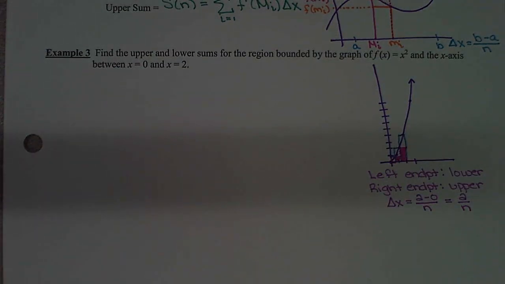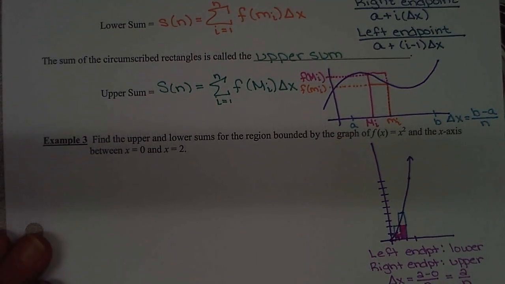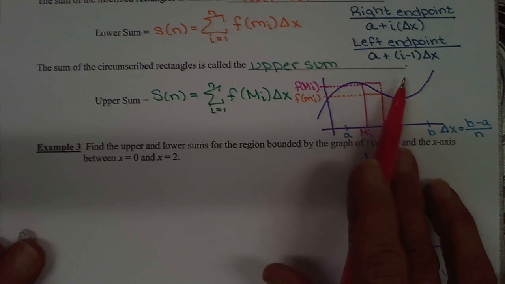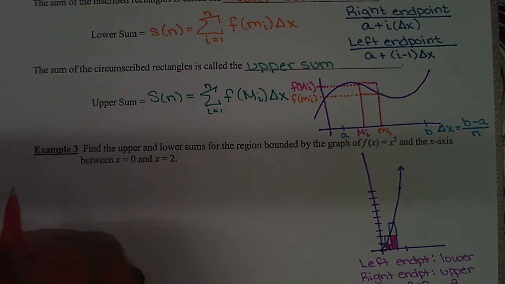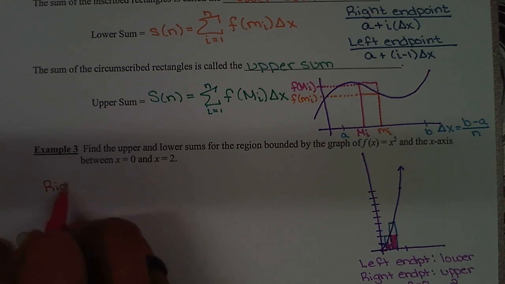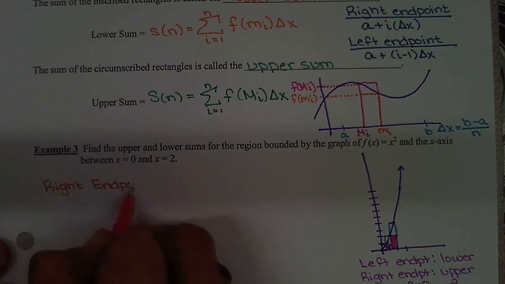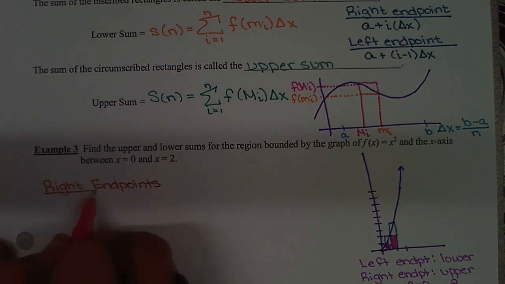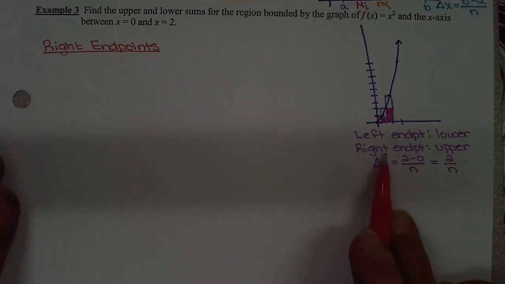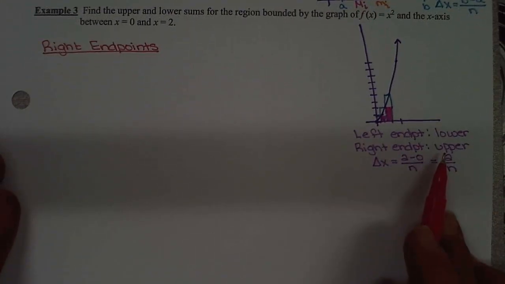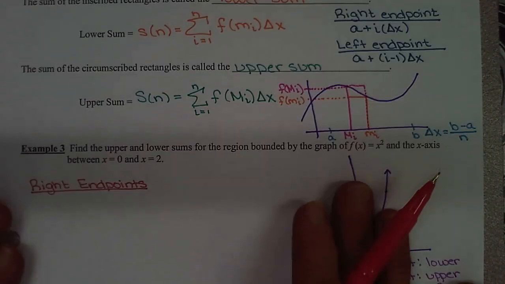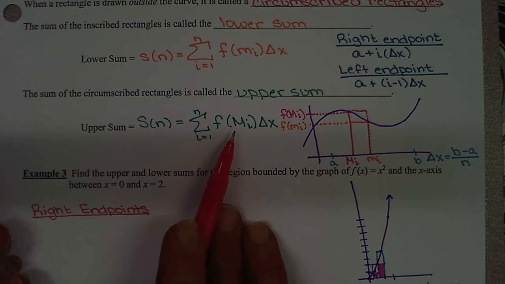So now I'm going to create some formulas here for my right endpoints and my left endpoints using my delta x, 2 over n, as well as these formulas that we had for our right and left endpoints. So I'm going to start here with my right endpoints. We said down here that the right endpoints are creating my upper sum, so I'm dealing with the capital M sub i.